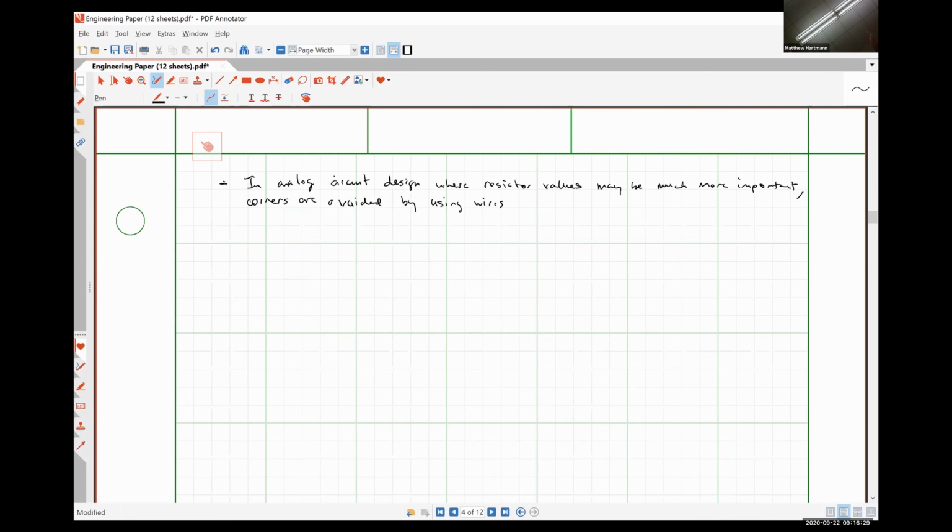But effectively, instead of having the corners, we have our rectangular sections like so. And we go to metal 1 and create our serpentine pattern this way.